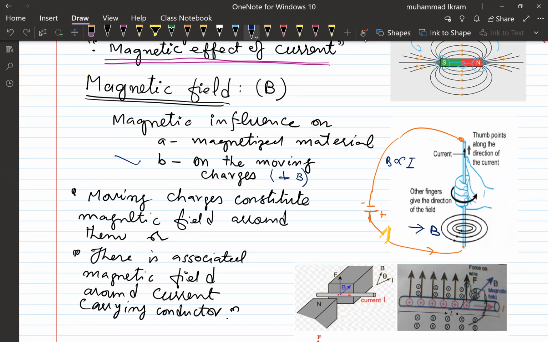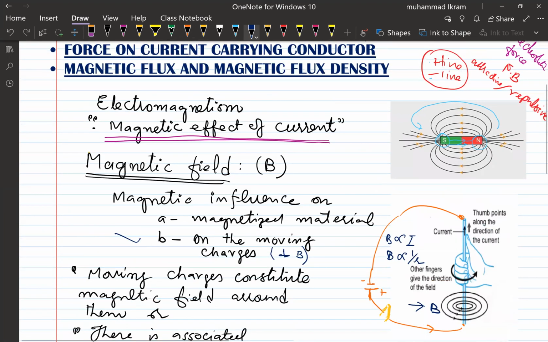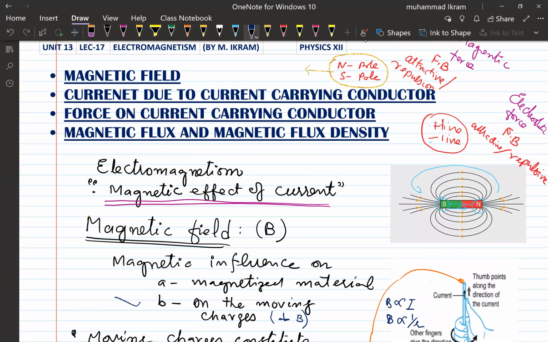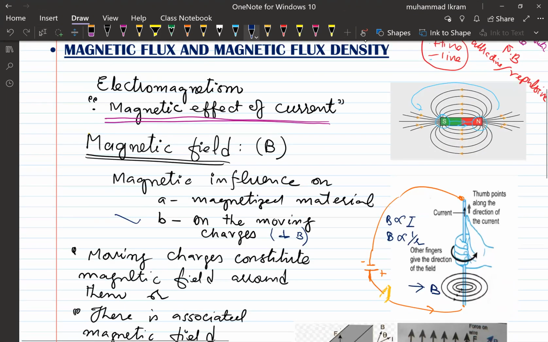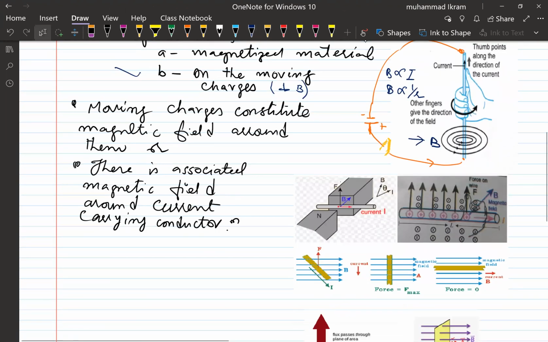The magnetic field is stronger near the conductor and weaker as you move away. It also depends on the property of the medium surrounding the conductor. In the same way as electrostatic force is medium dependent, this force is also medium dependent.